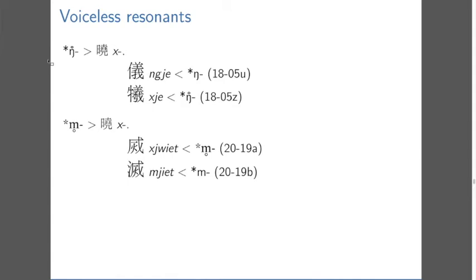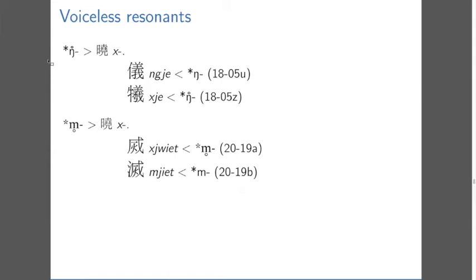And then in a similar case, just to show you that it works in other cases too, we do the same thing for a labial. We have characters which in Middle Chinese readings have the same rhyme, but one starts with an N and one again starts with a voiceless velar fricative.